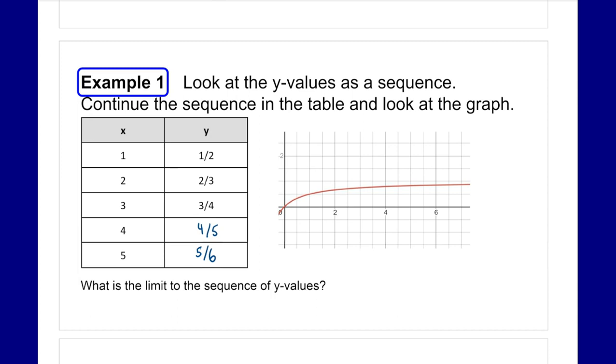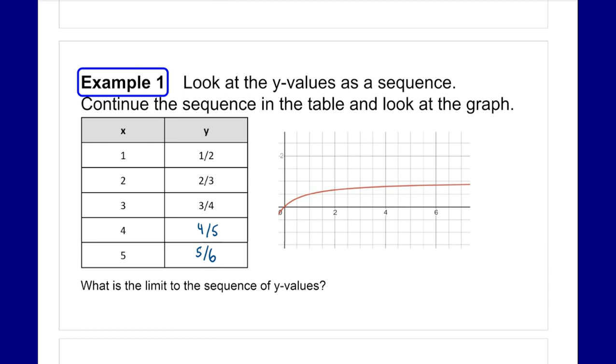So we are increasing the denominator by 1 and increasing the numerator by 1. We're decreasing what's missing, kind of similar to the pizza question, where we're always missing just one piece, but the size of the piece is getting smaller and smaller.